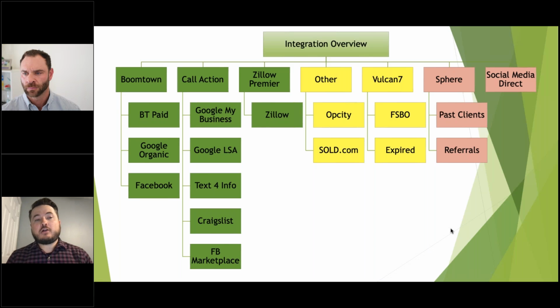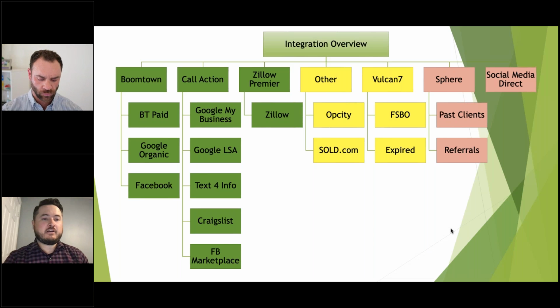Okay, so I color coordinated all this based on the integration that they have with Boomtown. The green represents native API automatic integration that's super streamlined, super seamless. Boomtown, obviously, is perfectly integrated, and Google organic and Facebook are all perfectly integrated. There's basically nothing that we have to do to make that work.